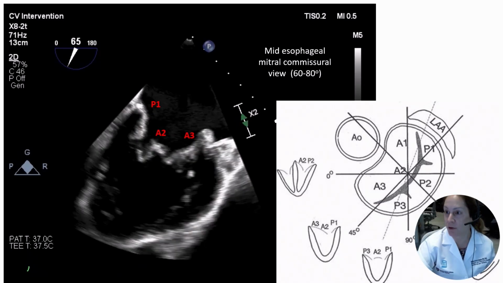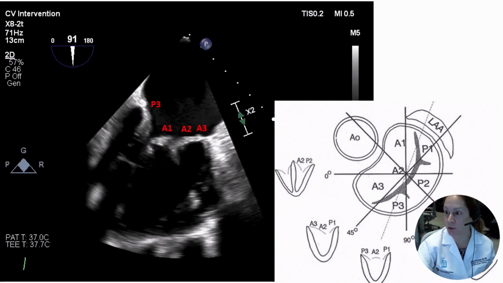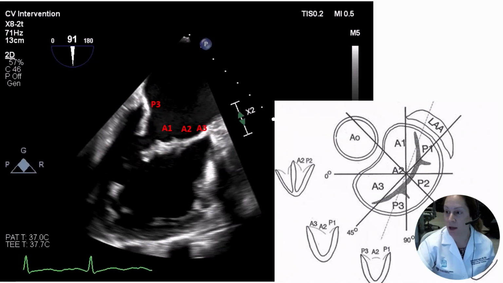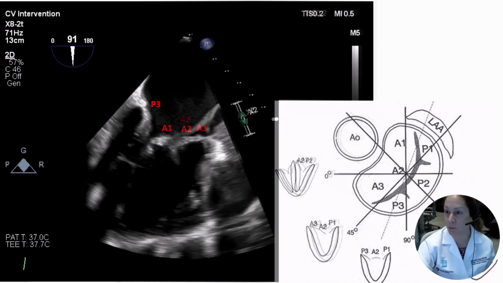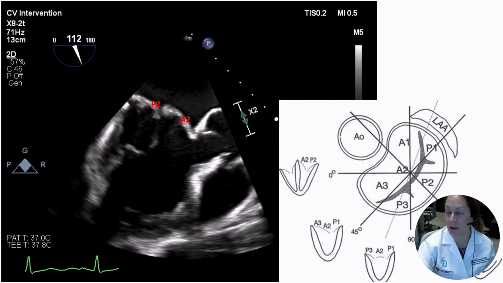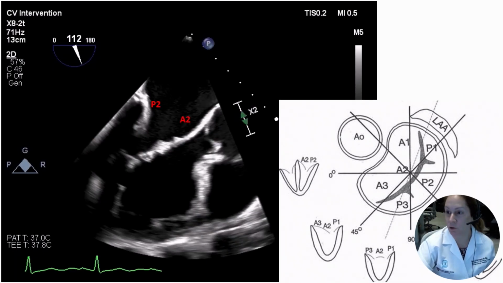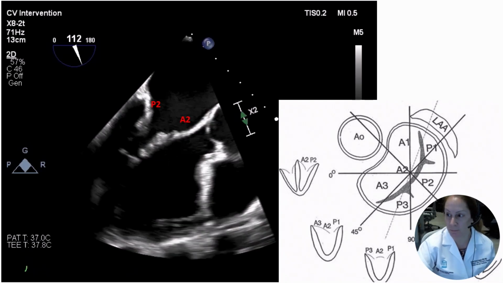Also very important is 90 degrees, where we see the extent of the anterior leaflet and P3. Then one important view for 3D is the P2, A2 side on at 120 degrees. So you see an overall assessment of the mitral valve.